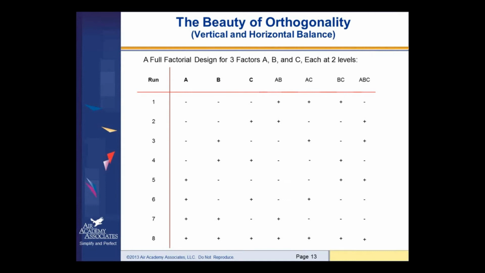That's what orthogonality is. Now, it's not so important you know what orthogonality is, because in the DOE literature, all of these DOEs are going to be orthogonal or nearly orthogonal. And what it buys us is the independence of evaluation. And that's what's critical. It's what it buys us as an organization. That is independent evaluation. And what does independent evaluation give us?